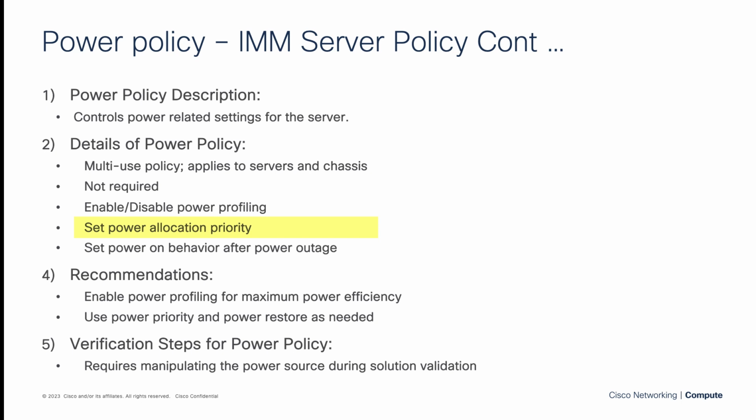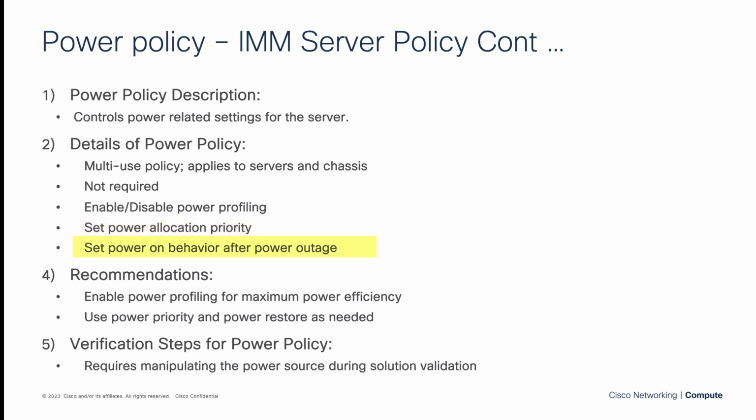If actual demand exceeds the maximum chassis power or any configured power limit, servers are throttled in reverse order of priority until power consumption falls below the limit. The power limit is one of the settings found in the power policy when applied to a chassis.